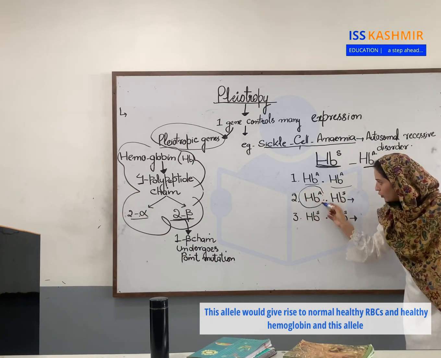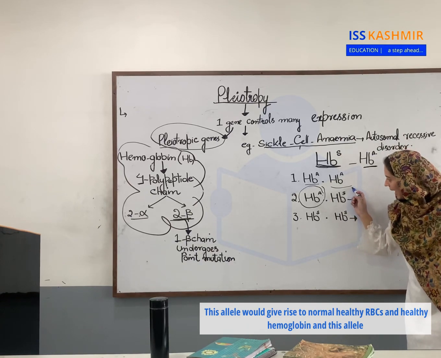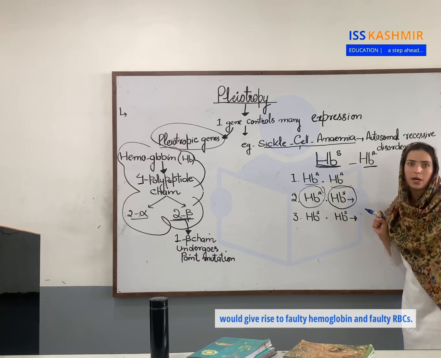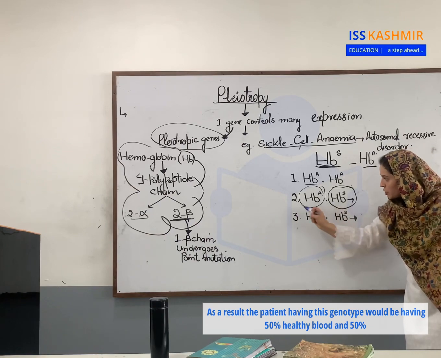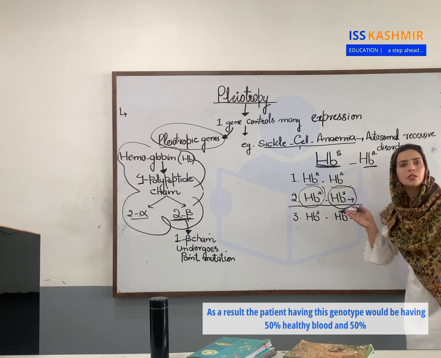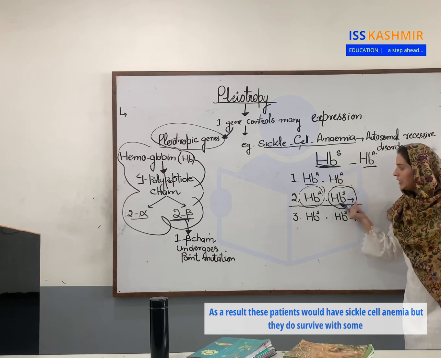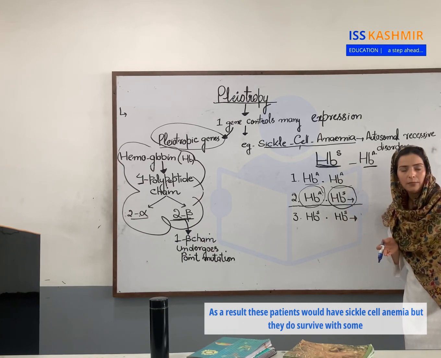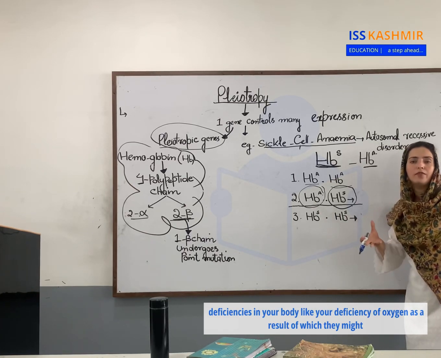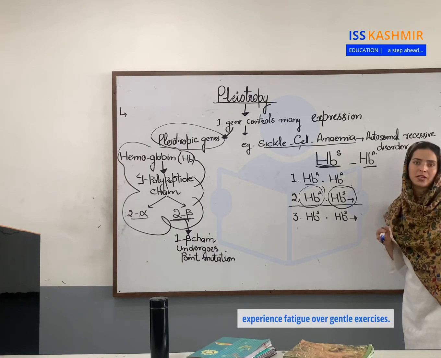This allele would give rise to normal healthy RBCs and healthy hemoglobin, and this allele would give rise to faulty hemoglobin and faulty RBCs. As a result, the patient having this genotype would have 50% healthy blood and 50% faulty blood. These patients would have sickle cell anemia, but they do survive with some deficiencies in their body, like a deficiency of oxygen, as a result of which they might experience fatigue over gentle exercises.